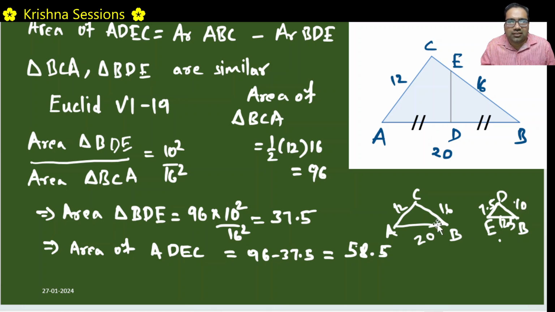This DB is not the hypotenuse. EB is the hypotenuse. So DB is 10, and correspondingly, DE is 7.5. This is 7.5, this is 10, and this one is 12.5.